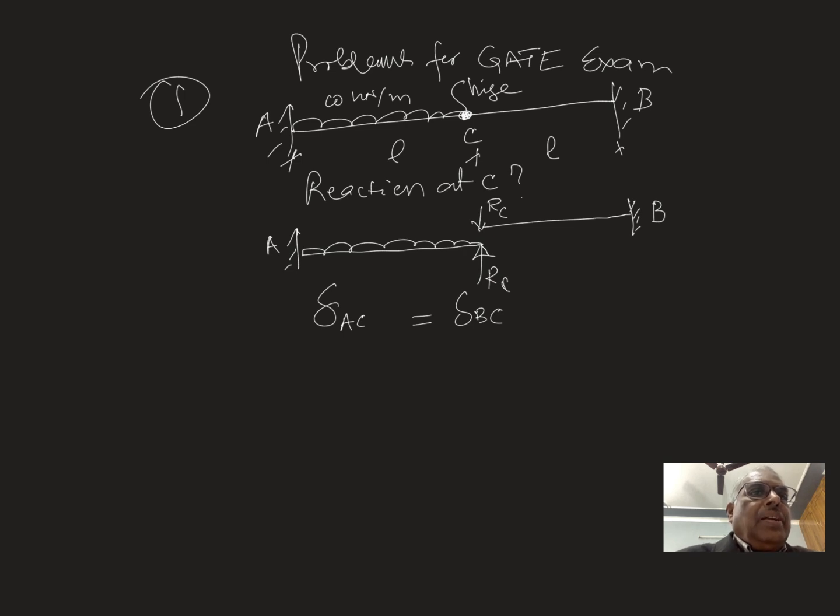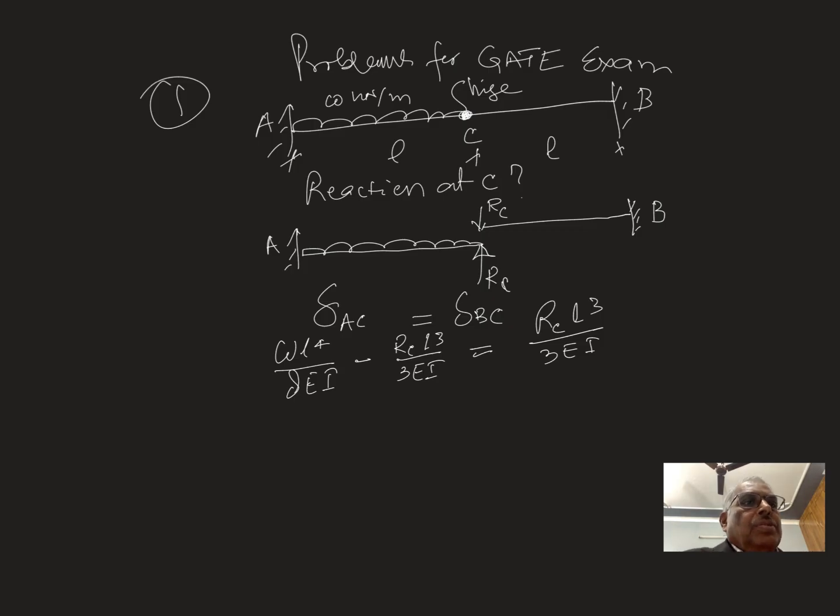For UDL, deflection is WL^4 upon 8EI, and for RC, it is RC L^3 upon 3EI, the point load deflection.